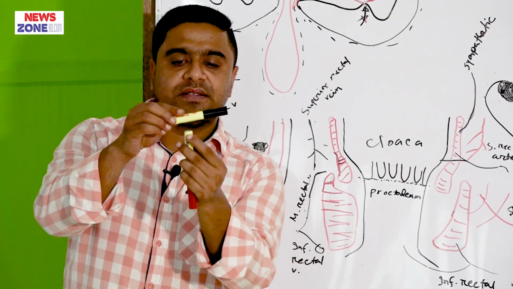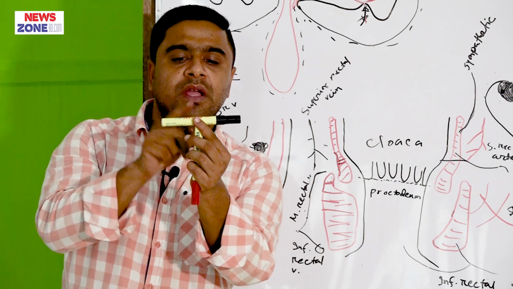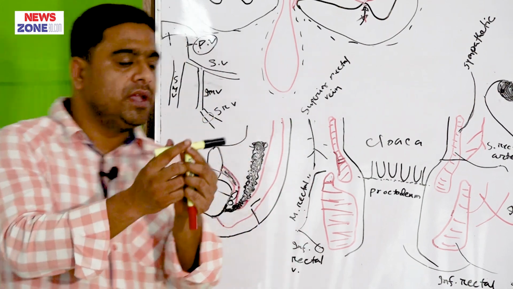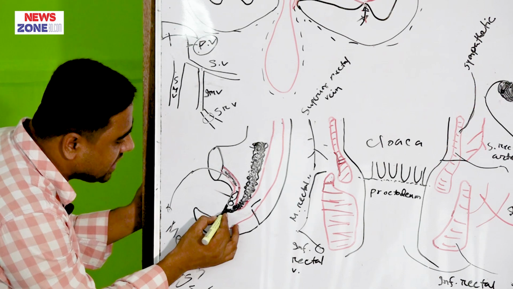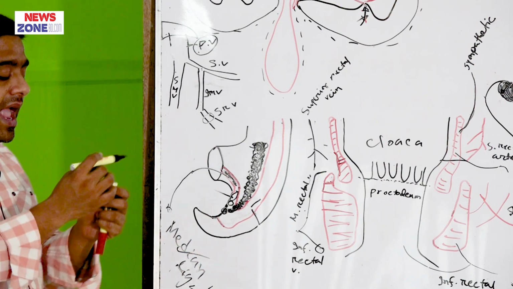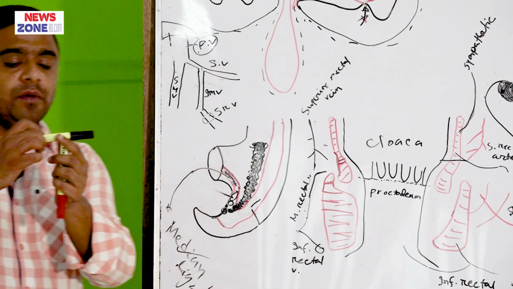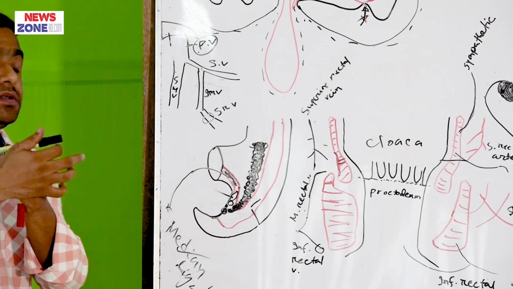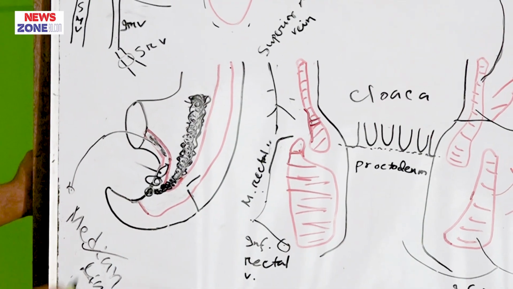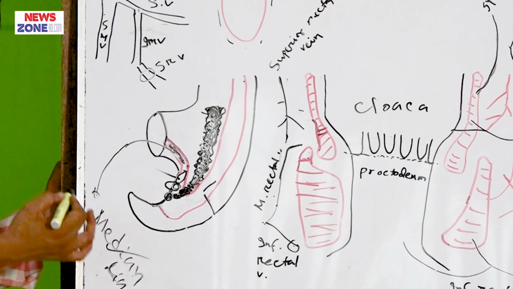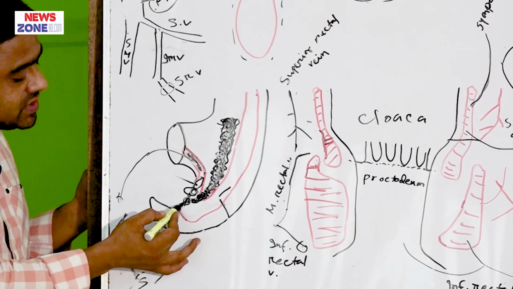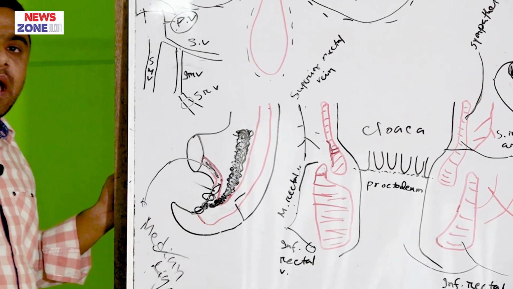Where the urorectal septum connects with the cloacal membrane, it forms the perineal body. The part in front of the perineal body forms the urogenital membrane, and the part behind the perineal body forms another membrane, called the anal membrane.